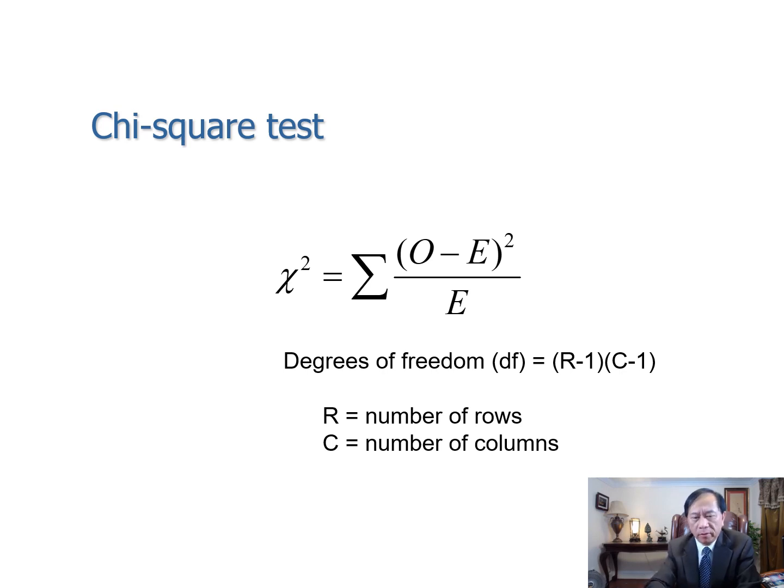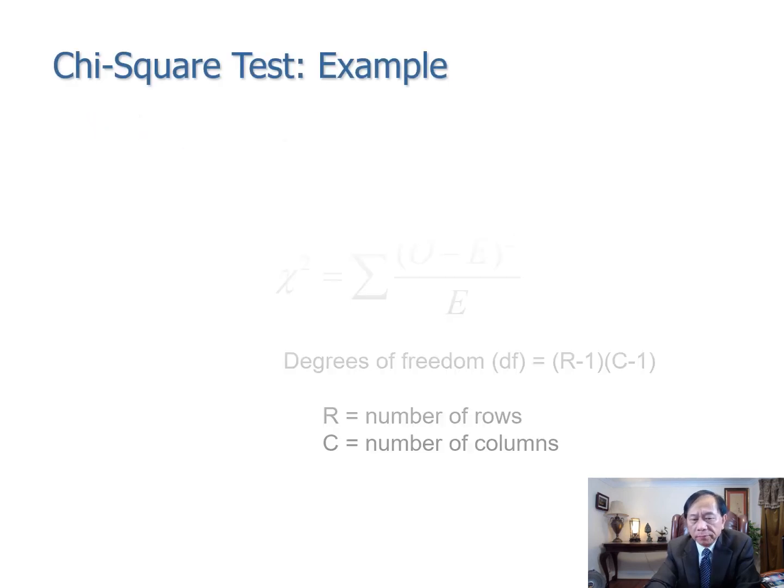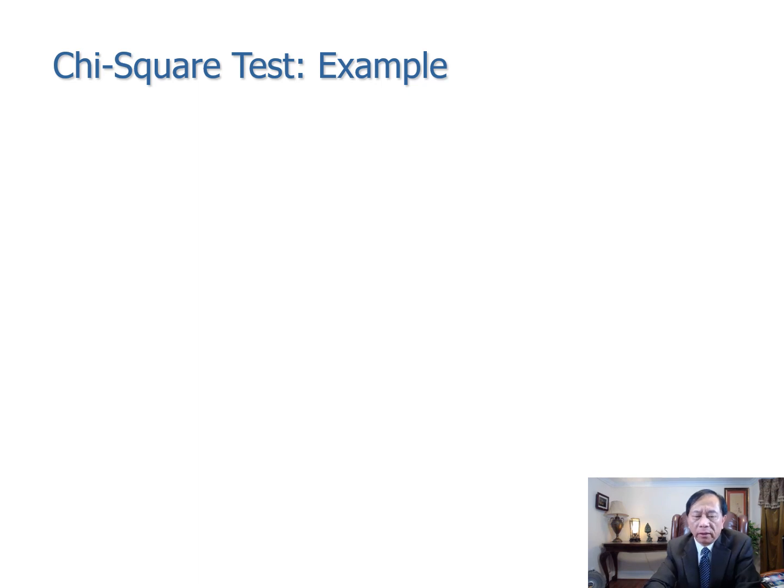This is how you calculate the chi-square. You calculate chi-square and look at the standardized table, and if the chi-square statistic is larger than the table value, you determine that there is a difference.